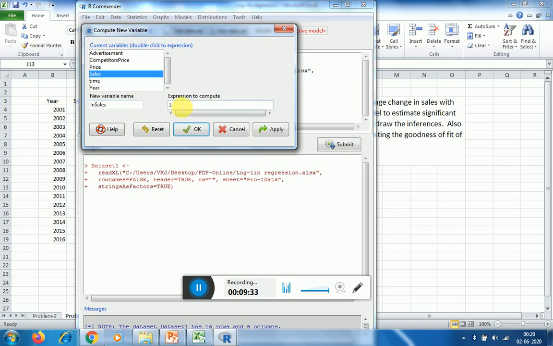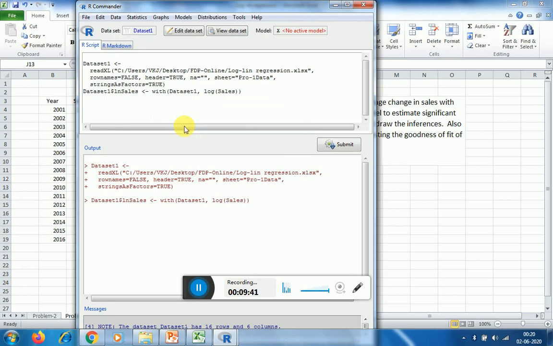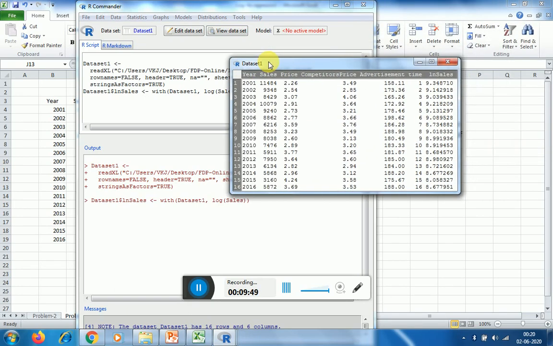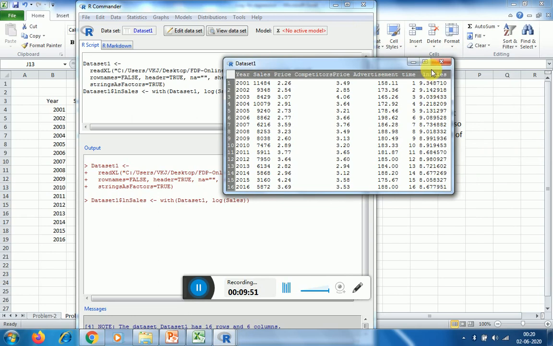The expression I use is natural log of sales. OK. Now you can view in dataset whether this variable is added or not. So you can see here this ln sales is added here.